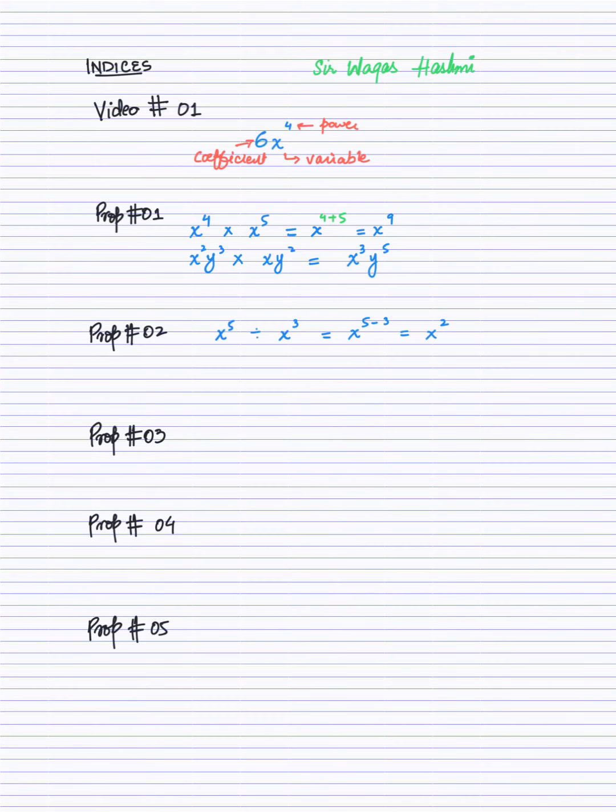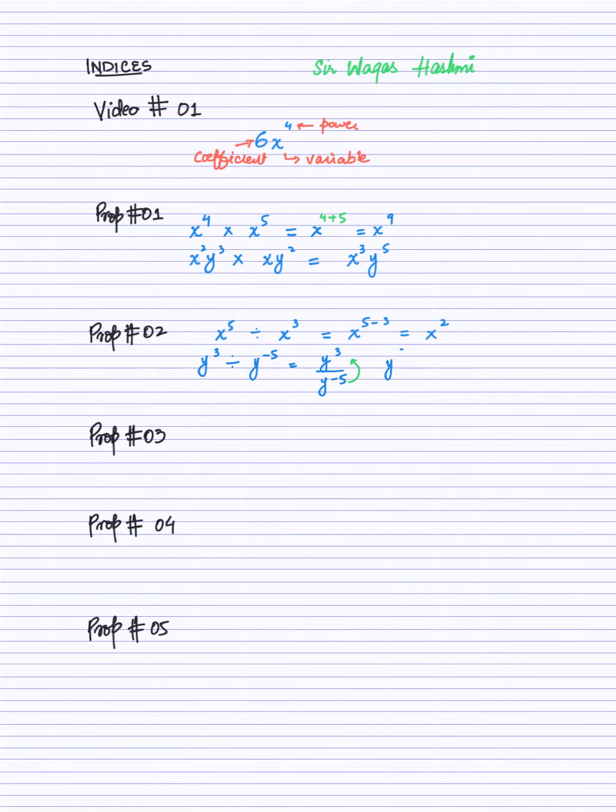What does it mean? Let's suppose that you have y to the power 3 divided by y to the power minus 5. If I write the expression in fraction form, it will be y to the power cube divided by y to the power minus 5. Now, when you shift minus 5 to the numerator, how are you going to write it?